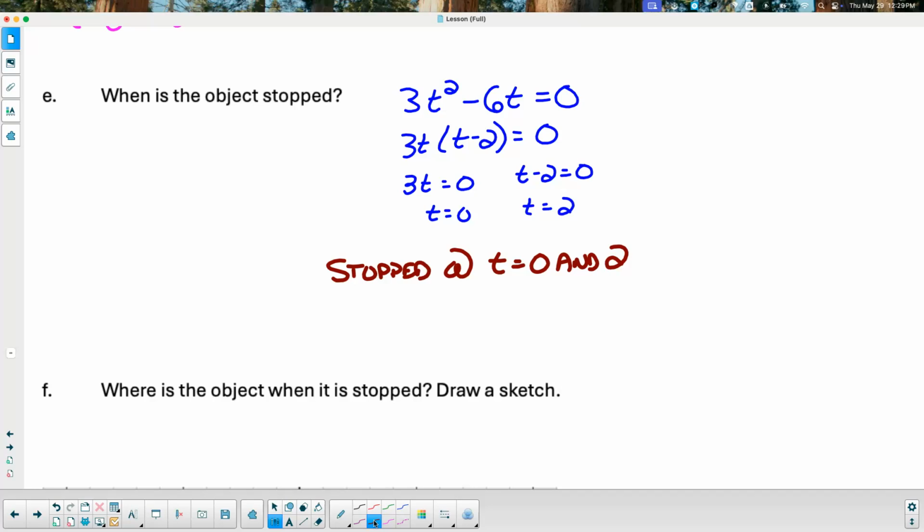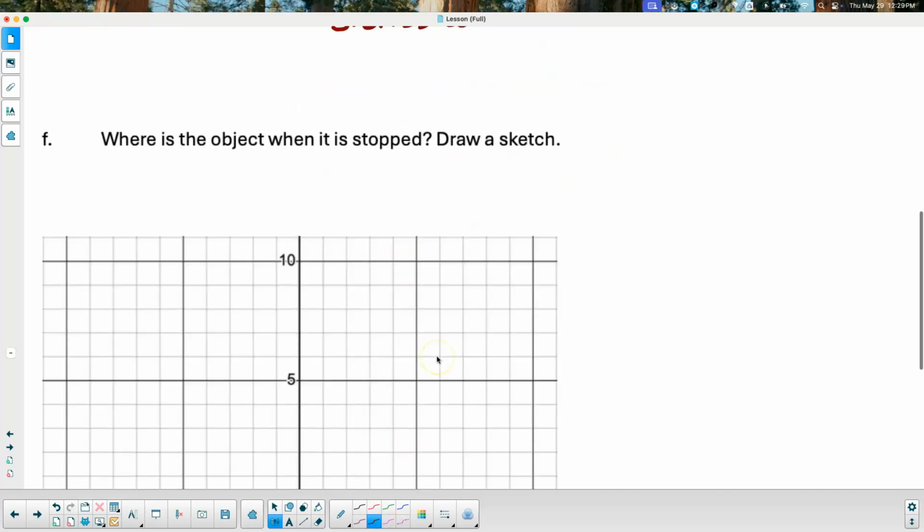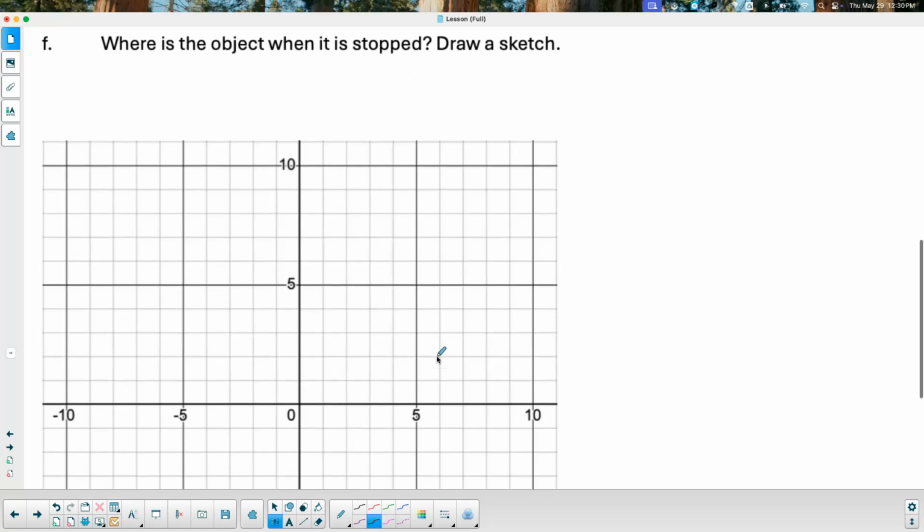Now, there's two ways of doing this. The first way is algebraically, and I will do that one with you right now. If we stopped at t equals 0, then I would need to find f of 0.